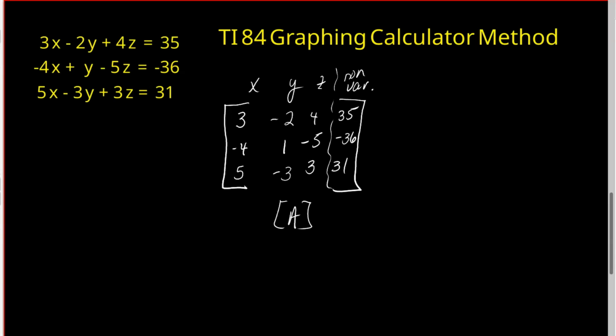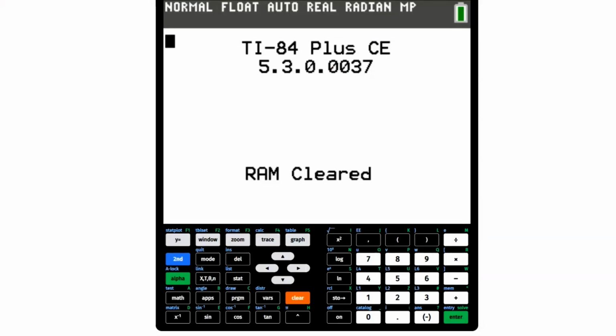So into the graphing calculator, I can enter this into matrix A, and then do a reverse row echelon form, or RREF, of matrix A. That will give me the values of x, y, and z. Here I have a graphing calculator app off the internet, and I'm going to show you how to insert this.